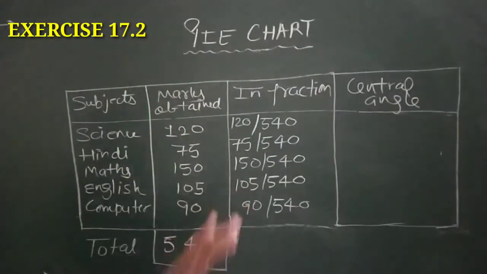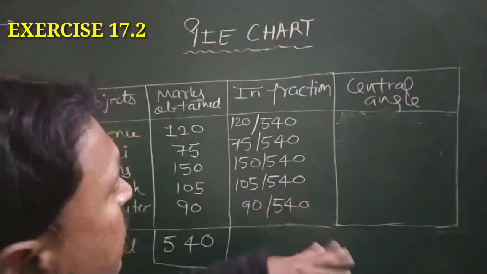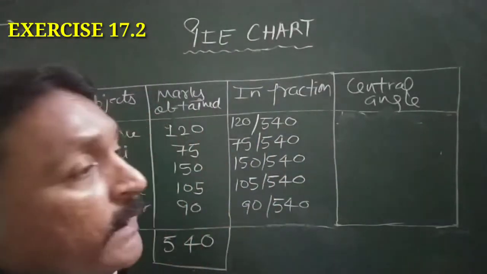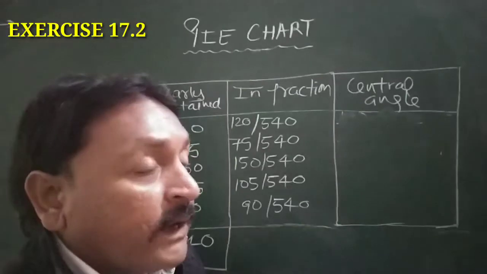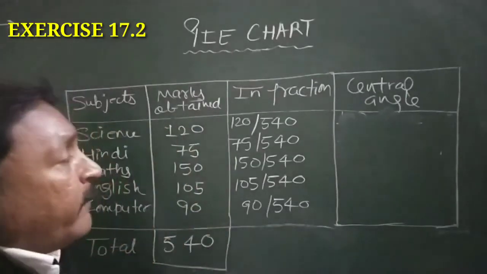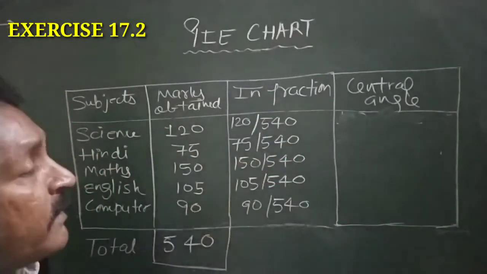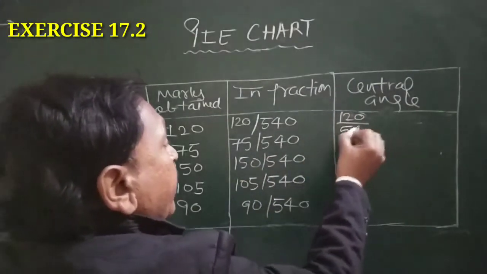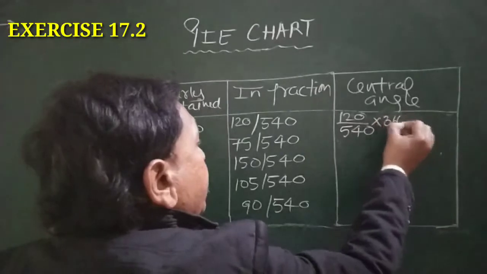Okay students, after finding this fraction we have to find the central angle, and we all know that the complete angle in a circle is 360 degrees. So we have to multiply this fraction by 360 degrees, means 120 upon 540 into 360 degrees.